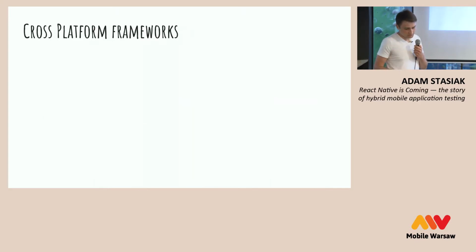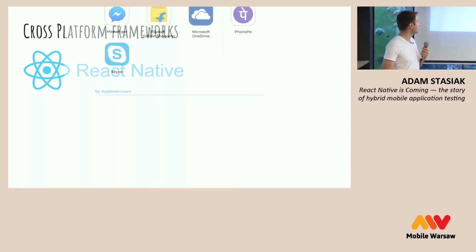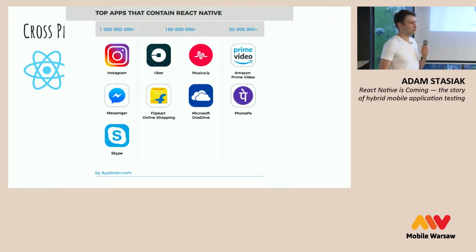But a good team has to find good weapons to fight the new enemy, which is the cross-platform approach in our world. First, and in my opinion the most popular framework, is React Native. React Native is a framework SDK delivered by Facebook some time ago. And you can find many apps that are using React Native inside. You can see that Instagram, Messenger, and Uber are based on this technology.